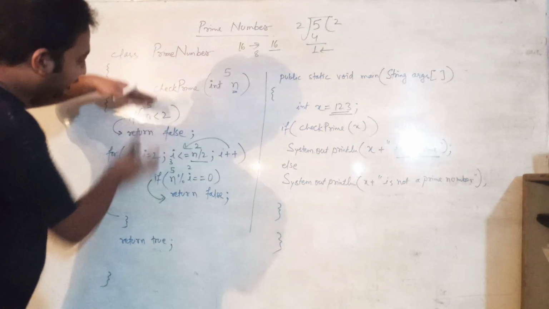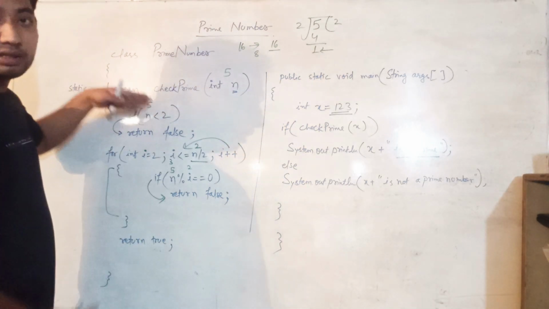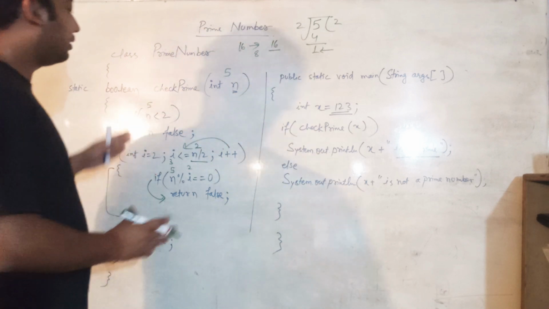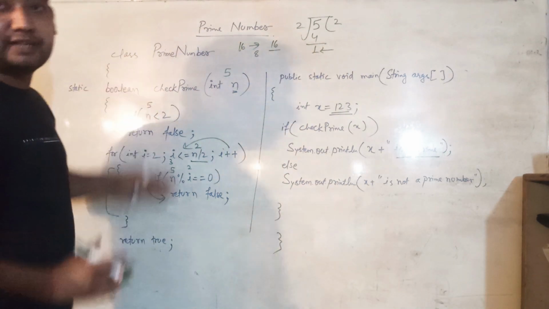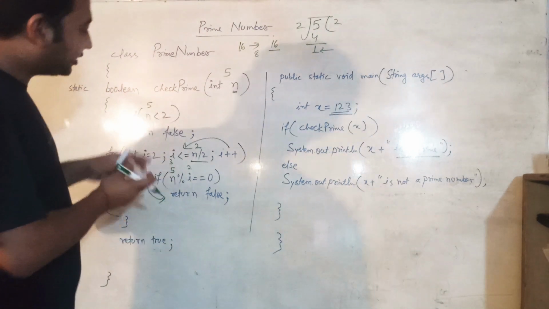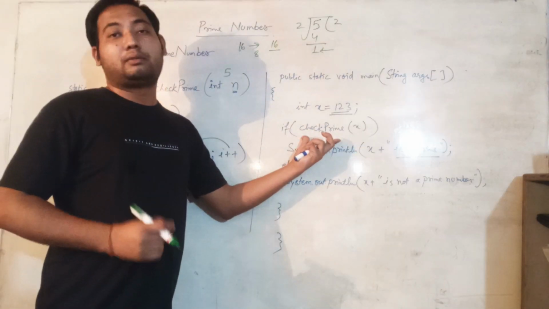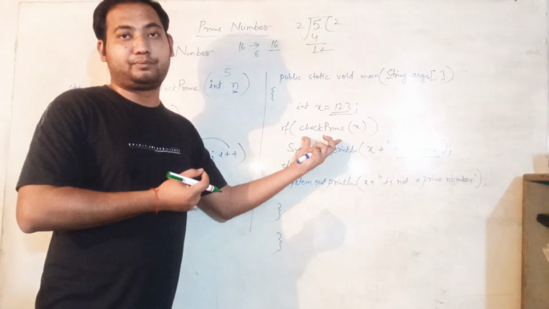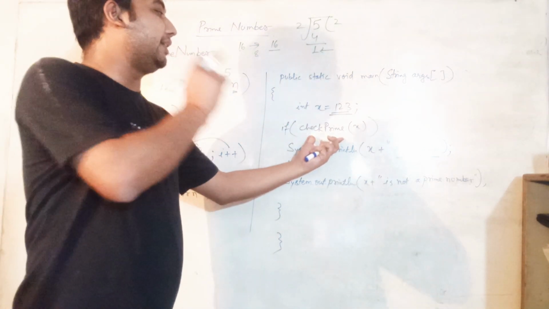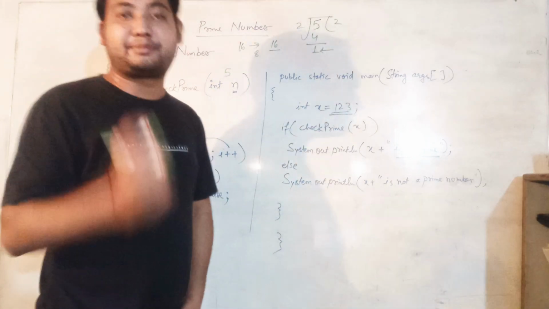You can see there are a lot of statements, and these statements can be even bigger. There can be many statements, but all those statements will be executed under one function name. And whenever we want to execute all these statements, we just need to call them by only a function name. Here we are using the function by using only the checkPrime name. So this is known as abstraction.